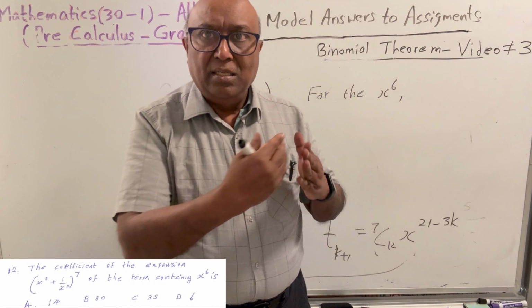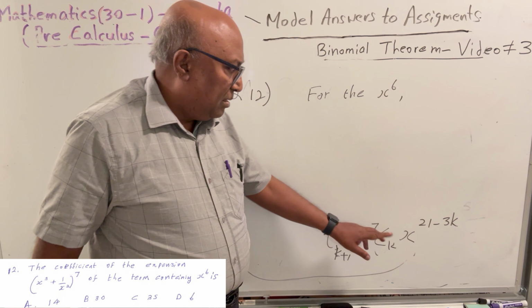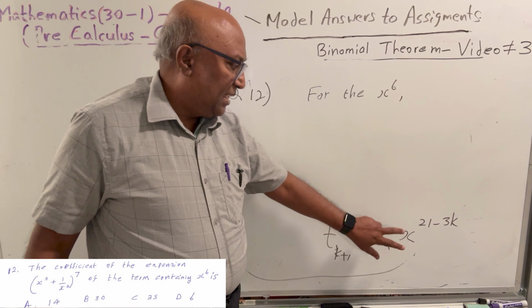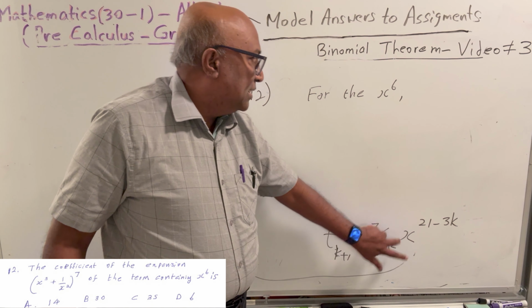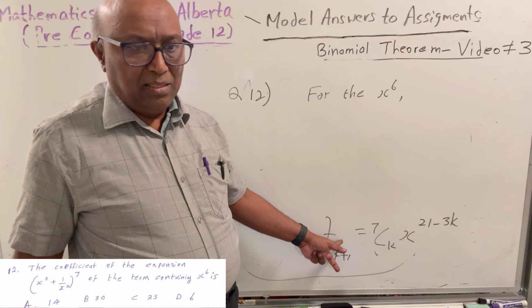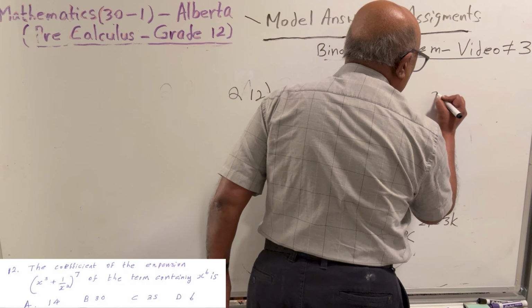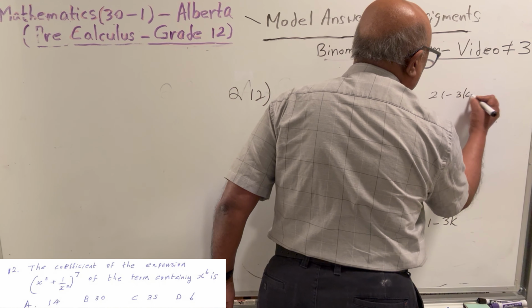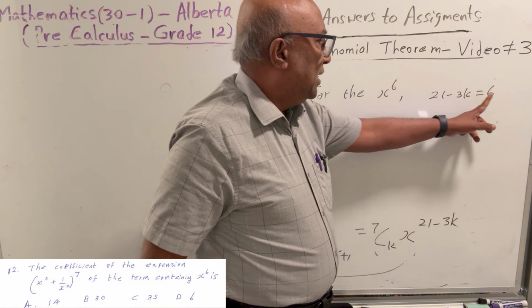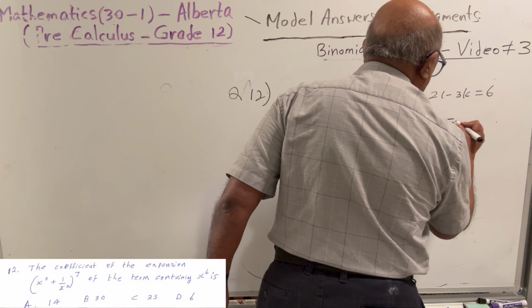Previously it was in two different places, but by combining the exponents we have isolated x. Now we can see x in one place. That means this exponent should be equal to 6: 21 minus 3k is equal to 6. Now let's solve for k. 3k equals 15, k equals 5.